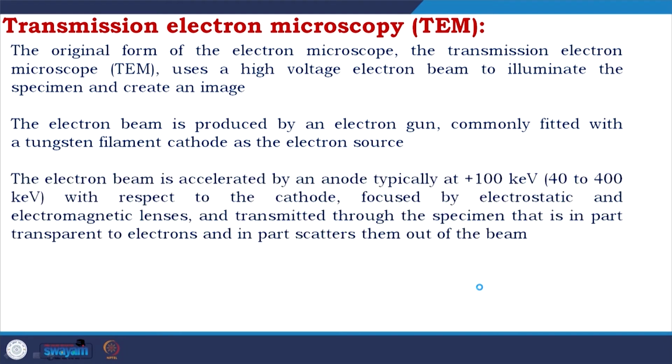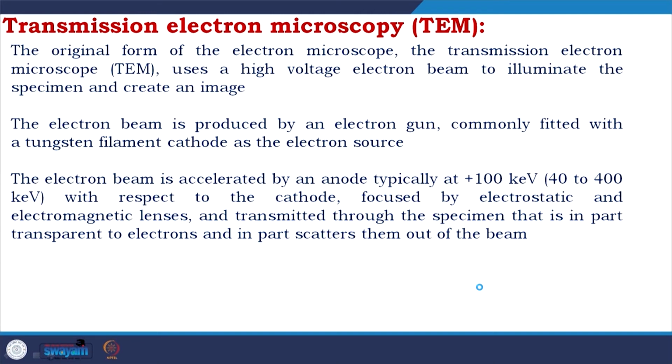The electron beam is accelerated by an anode typically at 100 kilovolt, ranging from 40 to 400 kilovolt with respect to the cathode, focused by electrostatic and electromagnetic lenses and transmitted through the specimen, that is in part transparent to electrons and in part scatters them out of the beam.